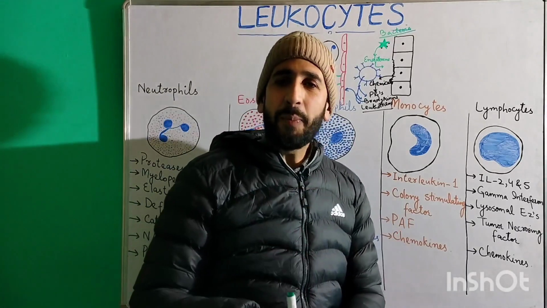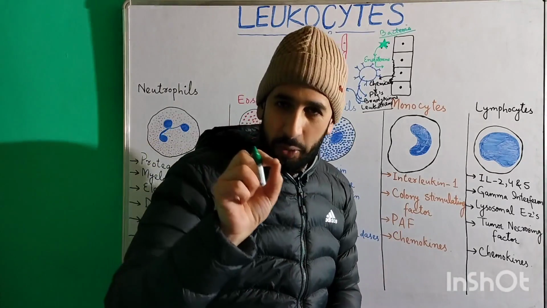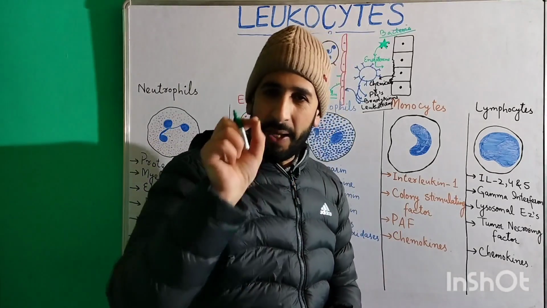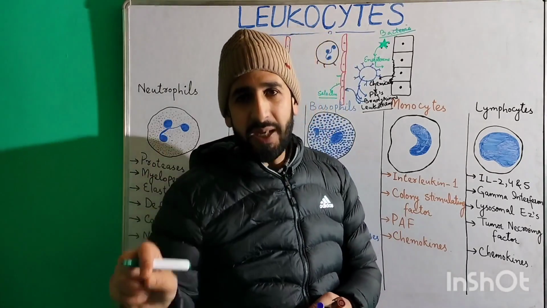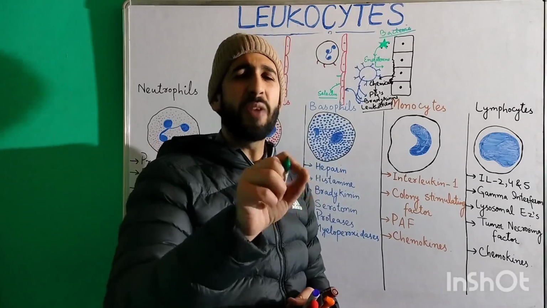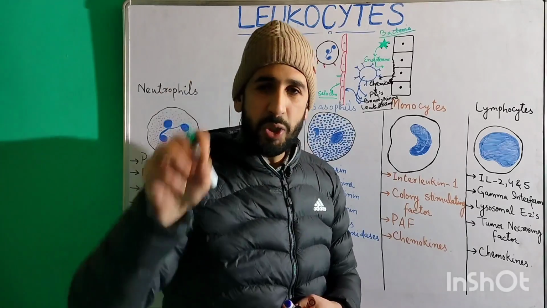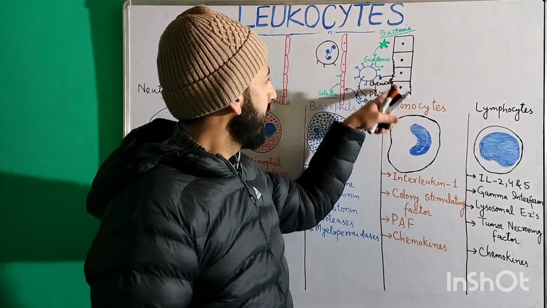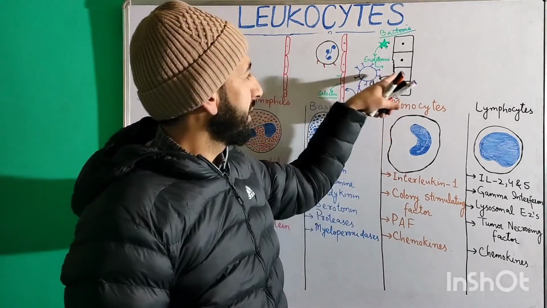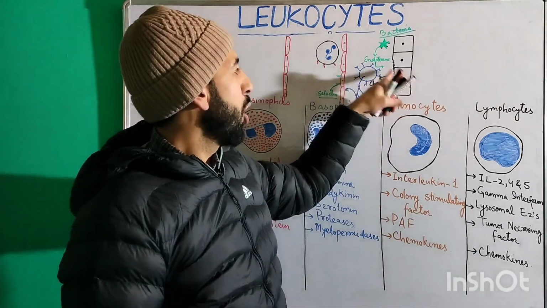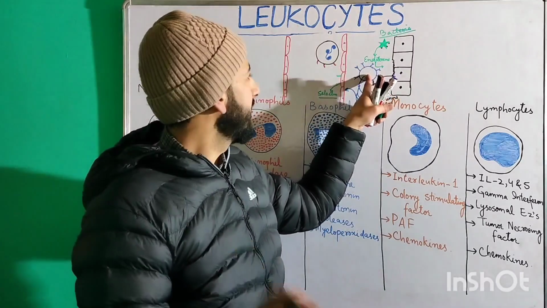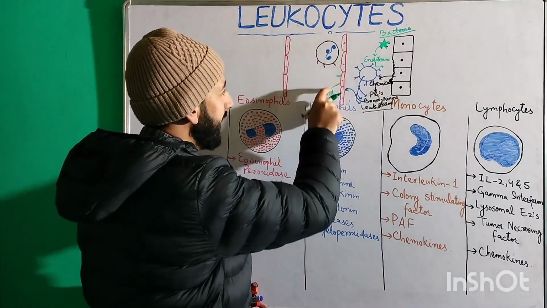This selectin protein is expressed by the endothelial cell when it is stimulated by these chemoattractants, the chemicals and cytokines secreted by the damaged tissue or by the mast cells. That is the first thing, that selectin is expressed.